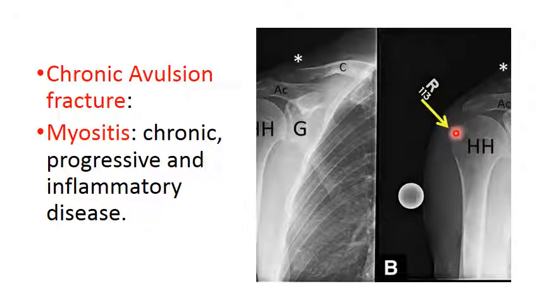If it is chronic, with a long-time pain, we may call it a chronic avulsion fracture. Another condition might be myositis, a chronic progressive inflammatory disease. In the picture we can identify the piece of bone which is present here. So that is called an avulsion fracture. This is the second suspicion of shoulder pain.